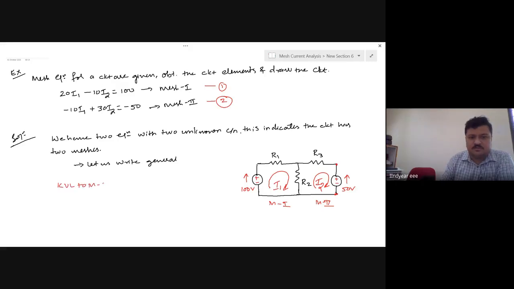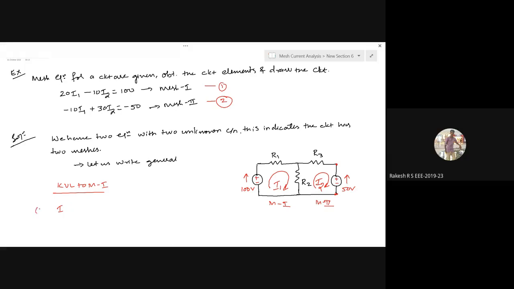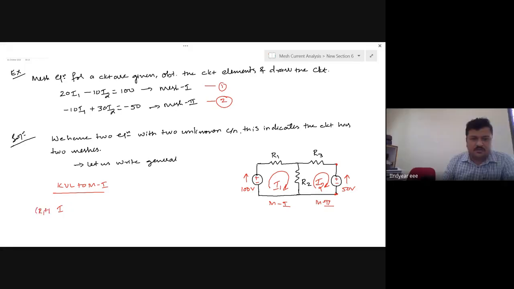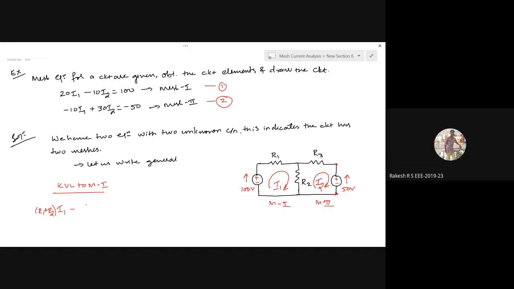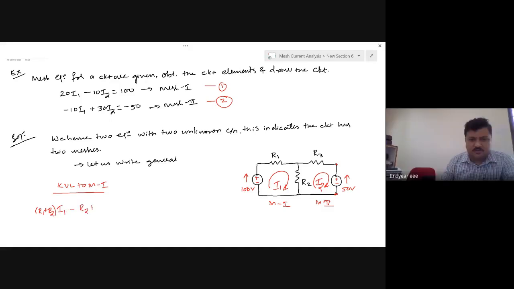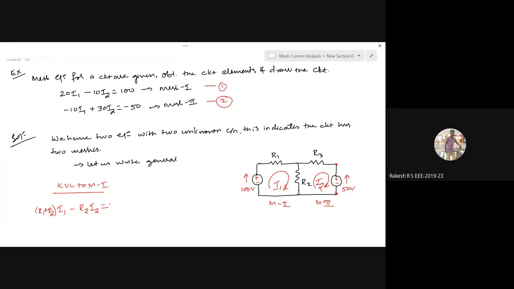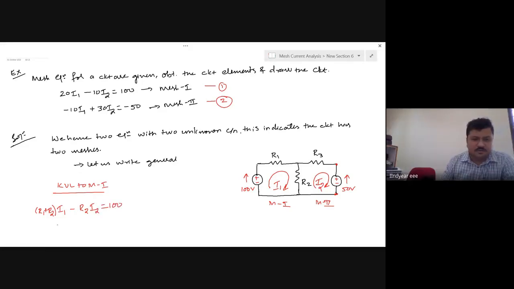KVL to mesh 1, from the inspection method: R1 plus R2 into I1 minus R2 I2 is equal to 100.